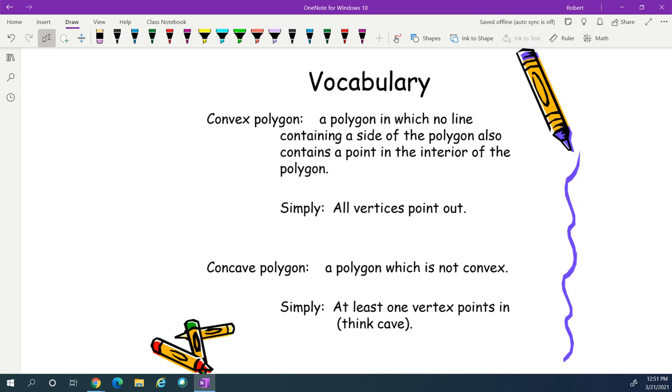If it's pointing inward, even just one of them, it would be concave. I like to think of that as a cave goes into the side of the mountain. In this case, a concave polygon has at least one vertex that points inward, where convex means they all point outward.